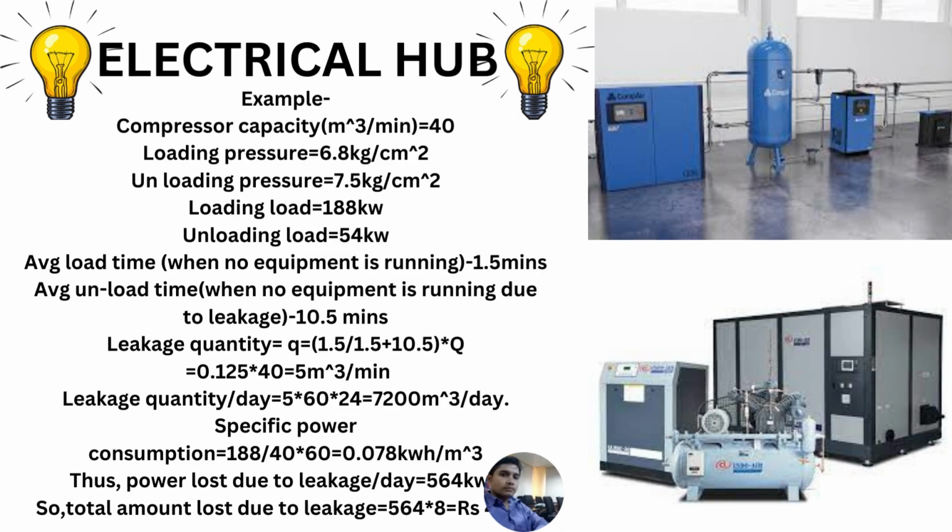Loading load is 188 kilowatt and unloading load is 54 kilowatt. So if you see the calculation, you will find the power lost due to the leakage per day is equal to 564 kilowatt. Accordingly, you can calculate the amount depending upon the price of the power at your location.